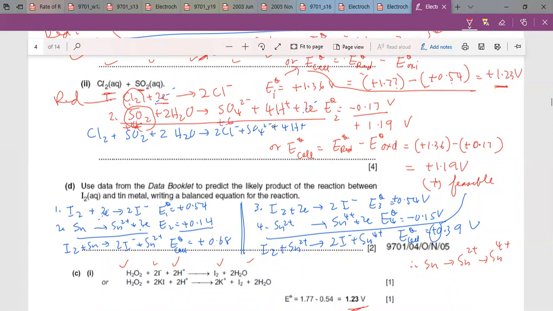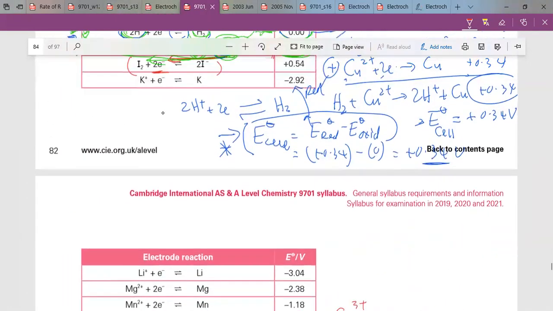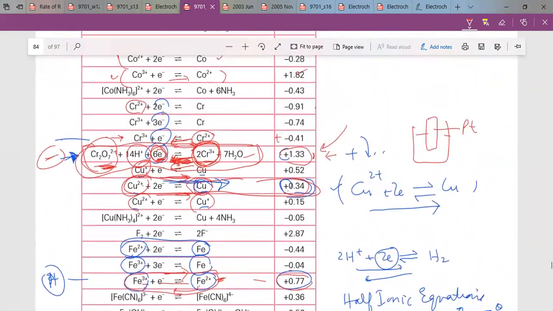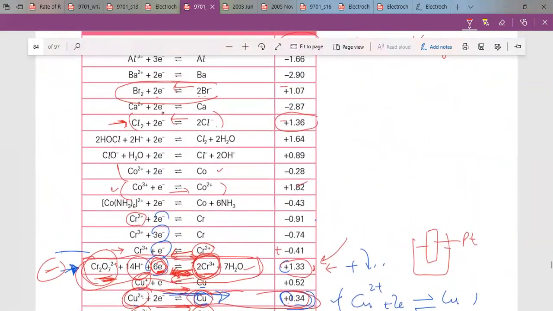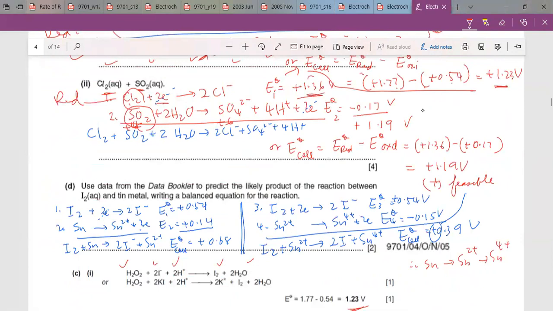So again, you get from the potential here, Cl2 to Cl minus, you can see. I'm going a bit slow for you, but it's plus 1.36. Now SO2 is undergoing oxidation, which means it's an electron donor, so make sure you get it right here.